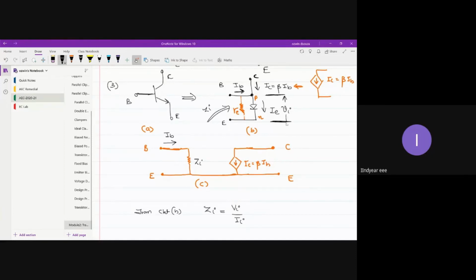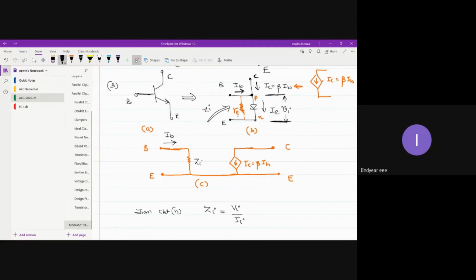So what are the input terminals? Base and emitter. So this is your VI. You can follow, right? This is your base point and this is your emitter point. Across base and emitter, whatever you measure, that will be your input voltage. Okay, so that's your VI.